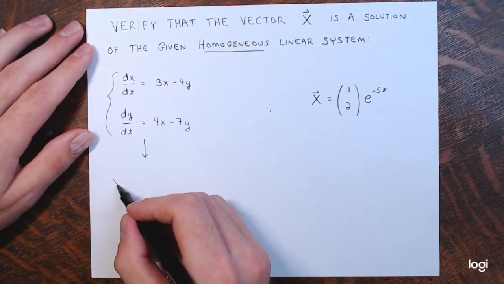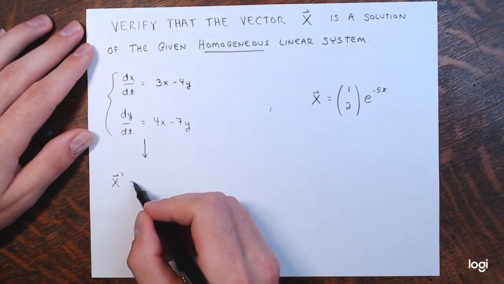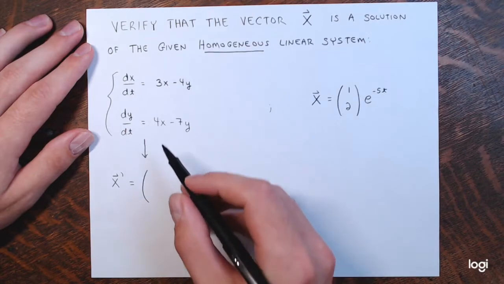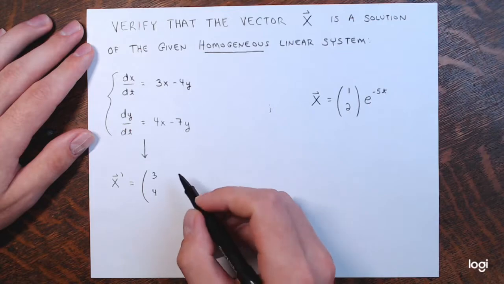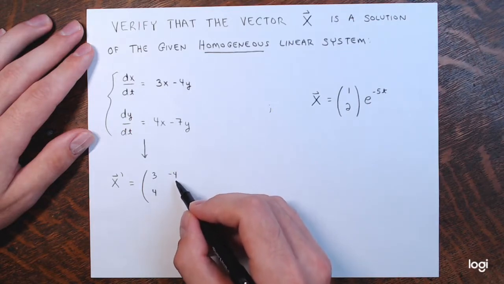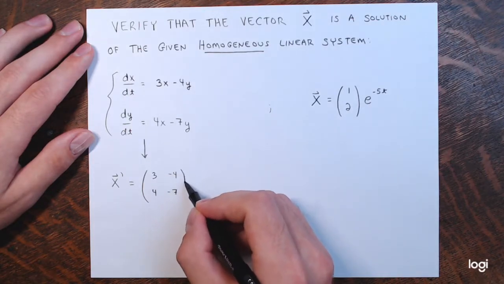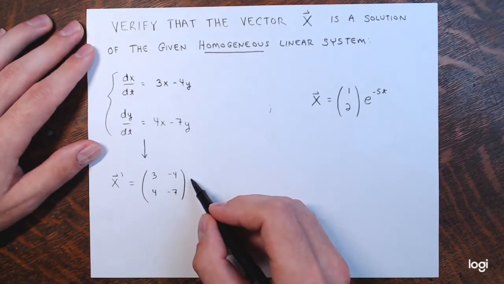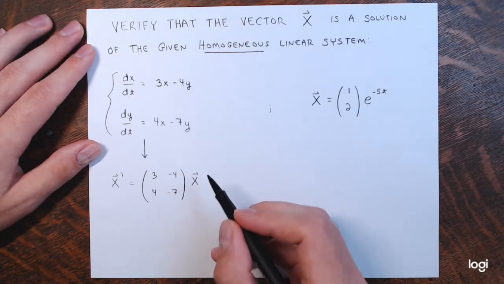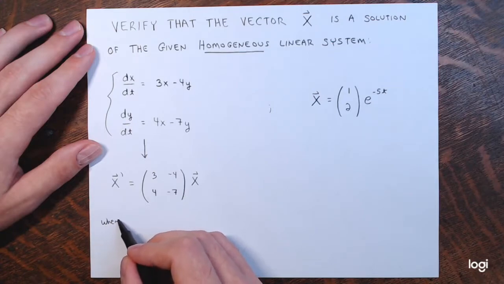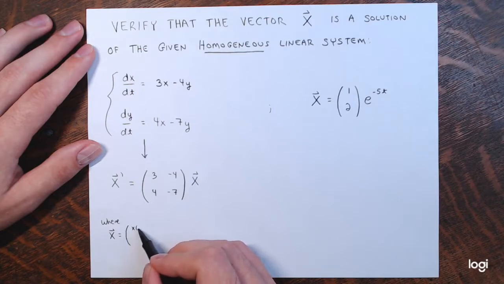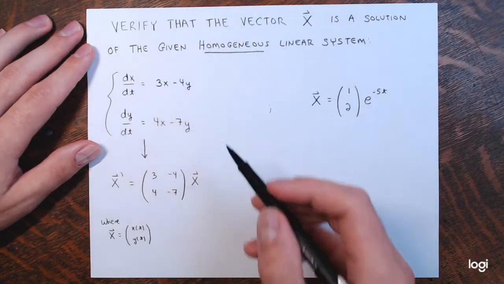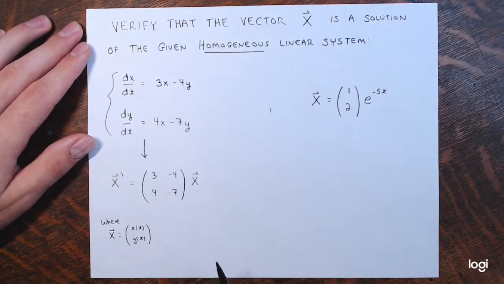So this would be vector x prime equals a 2 by 2 matrix. First column has the coefficients of x, 3, 4. Second column has the coefficients of y, -4, -7. And then times vector x, where vector x consists of the unknown functions x of t and y of t.